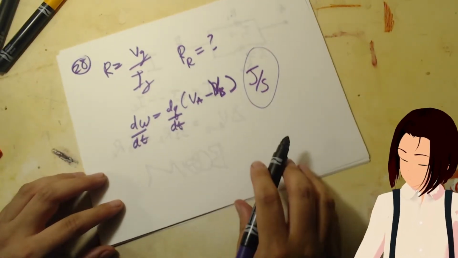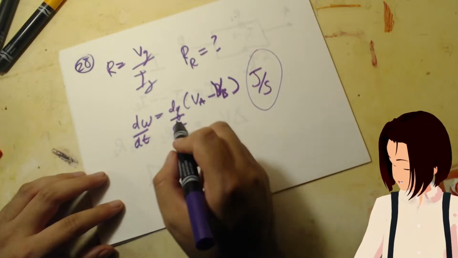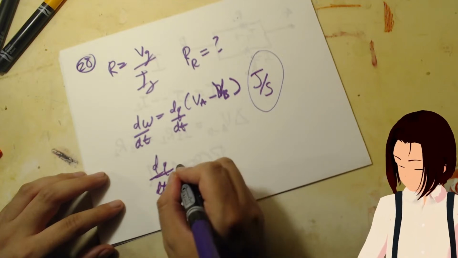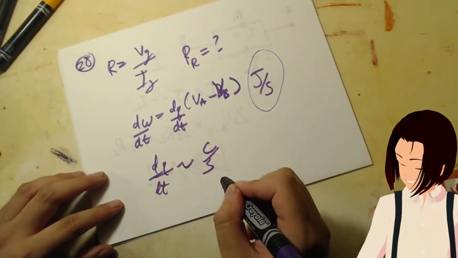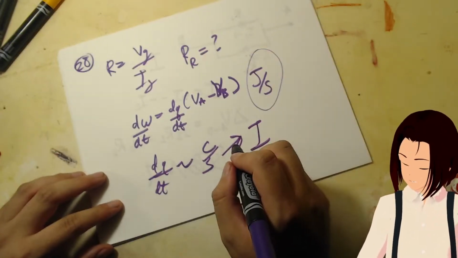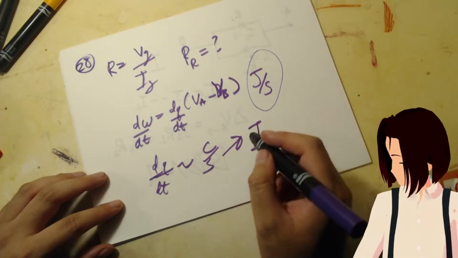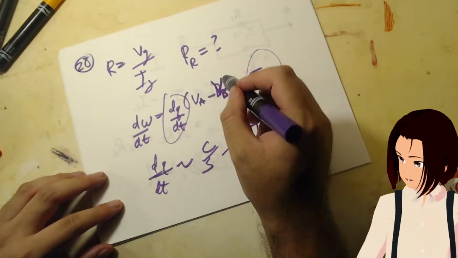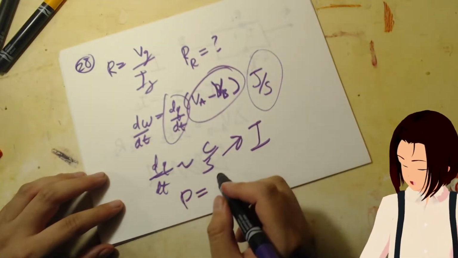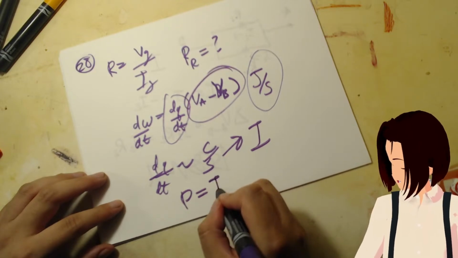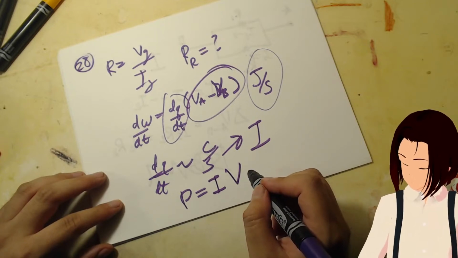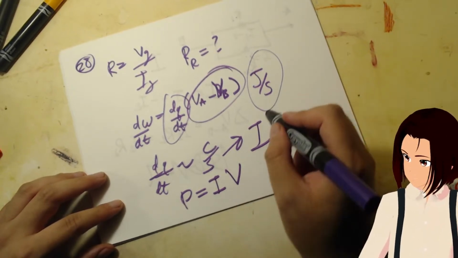Now this dq over dt is coulombs per second, and that is current. So the power is equal to the current multiplied by the potential difference. And joules per second, we call it watts.